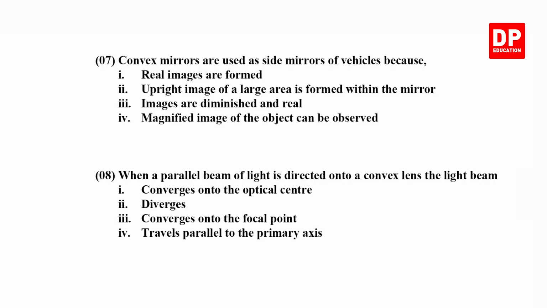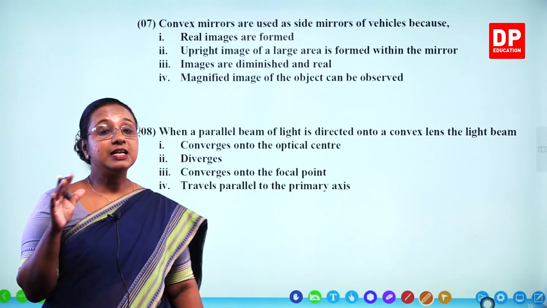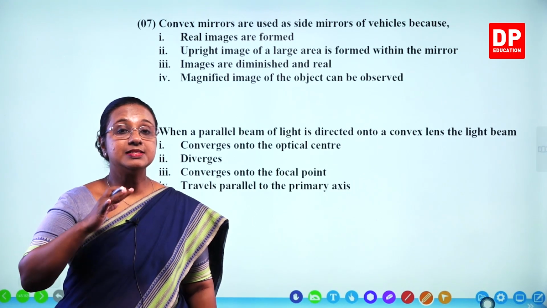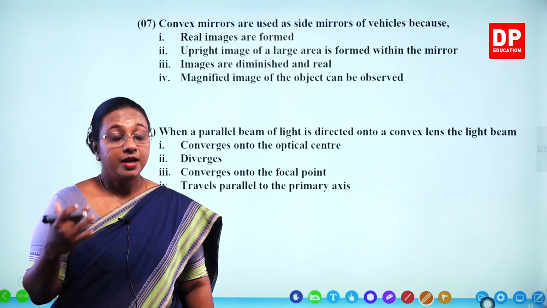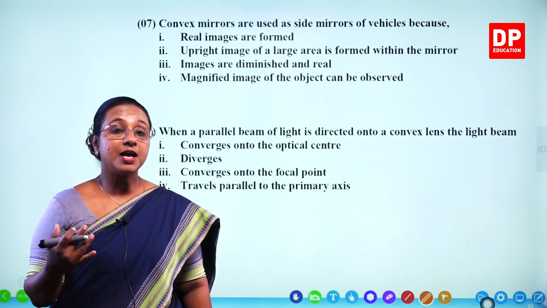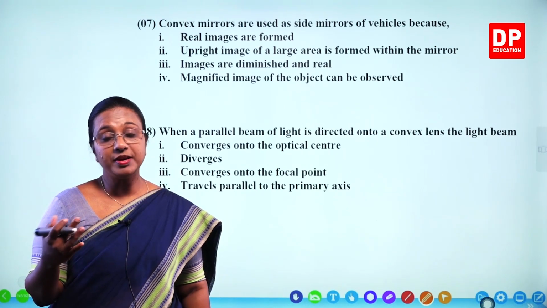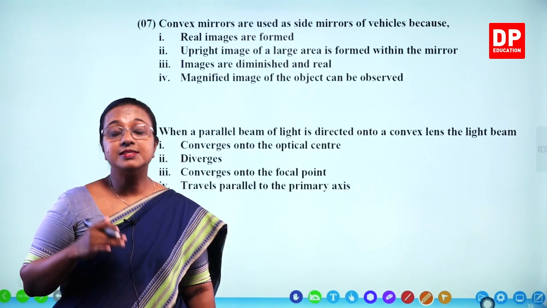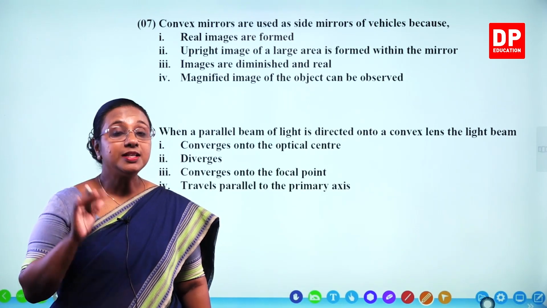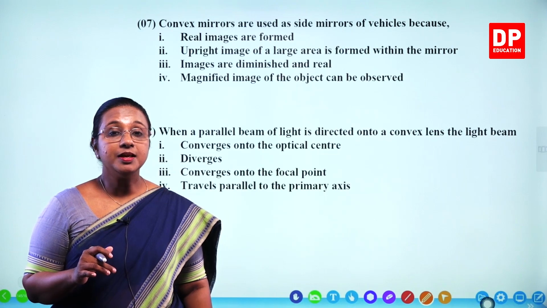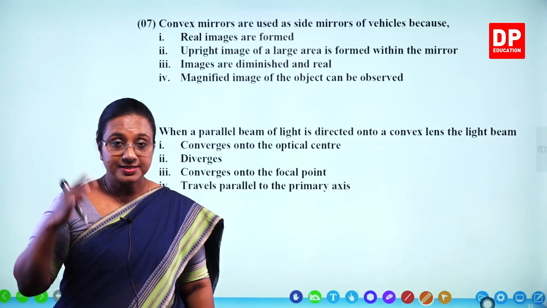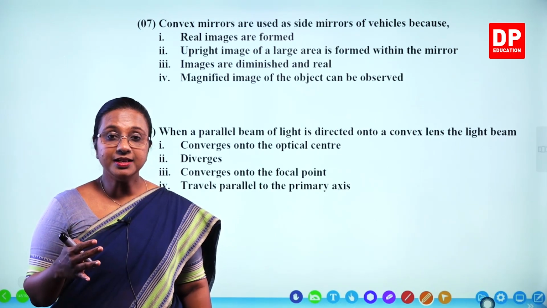The next question. Convex mirrors are used as side mirrors of vehicles because, you all know, in convex mirrors you can see the object. It is always the same type of image that is formed irrespective of the distance of the object. What type of images are formed? They are upright, the same direction, so it's upright.